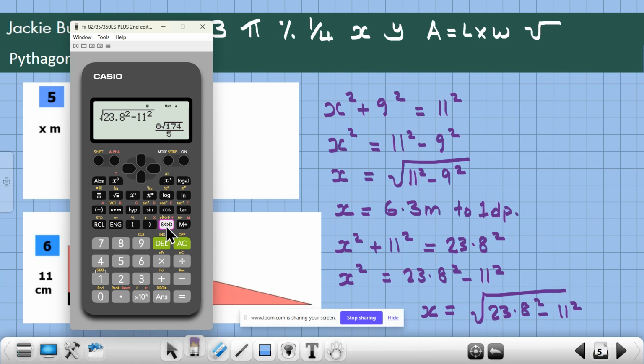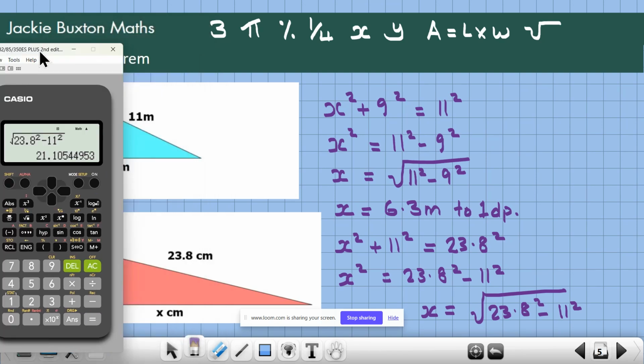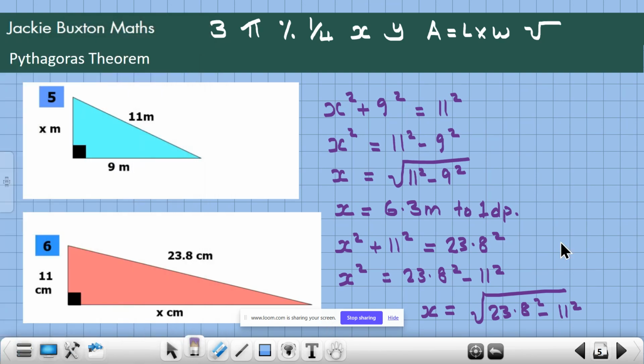So let's click on the decimal button and we get 21.10544953. To one decimal place, that will be 21.1. Put that in, equals 21.1, just about squeeze in centimetres.